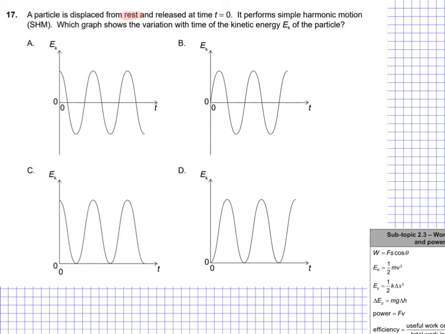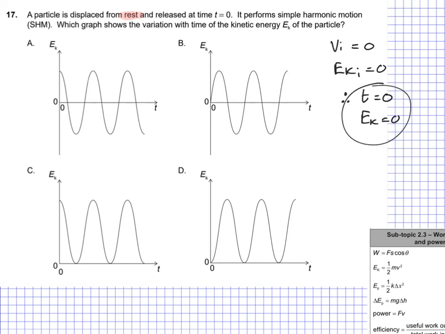It's released from rest, which means the initial velocity is going to be 0, which means the initial kinetic energy is going to be 0. So therefore, at time 0, the kinetic energy should be 0.